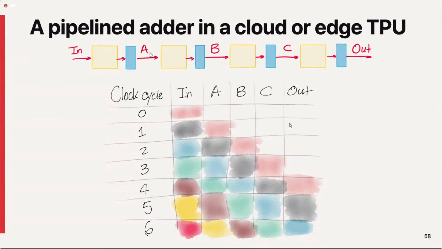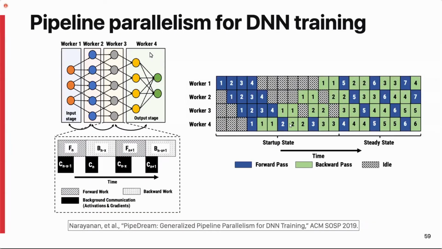And not only that, if we expand the horizon of our discussion beyond the TPU into the area of distributed machine learning, we can also, believe it or not, use pipelining parallelism. This is a paper that was just recently published in ACM SOSP 2019.